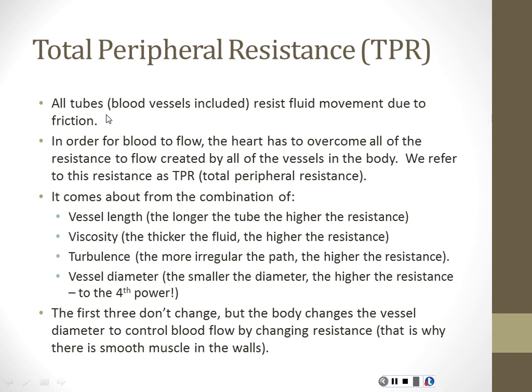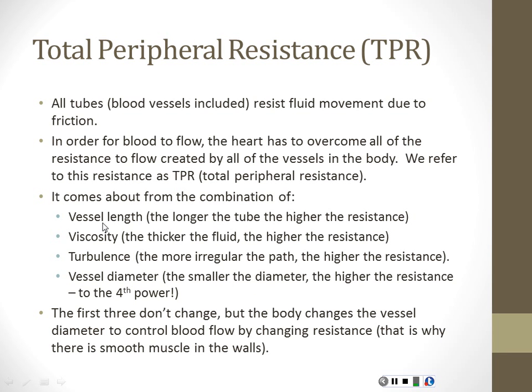Okay. So total peripheral resistance comes about because of 4 things. 3 don't change much. 1 changes all the time. Okay, so typically in physiology, we're most interested in the thing that changes, right? Because that's how the body's going to make effects. But it is important to know the other 3 causes too.